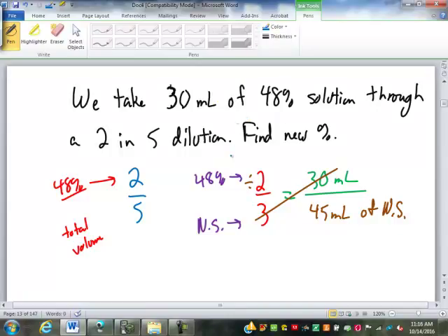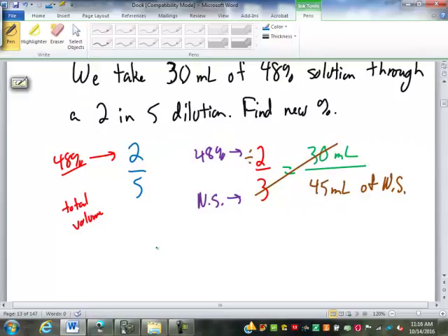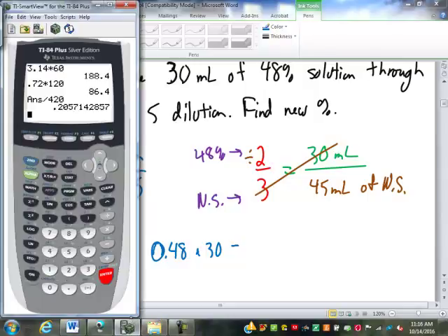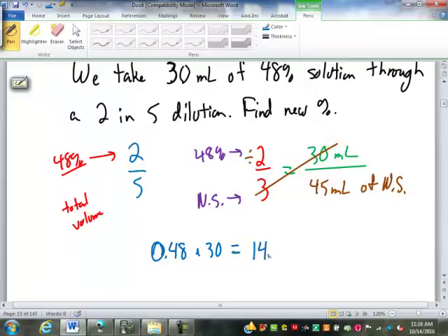To find our new concentration, well, we had 0.48 times 30, which gave us 14.4 milliliters of active ingredient in that solution.